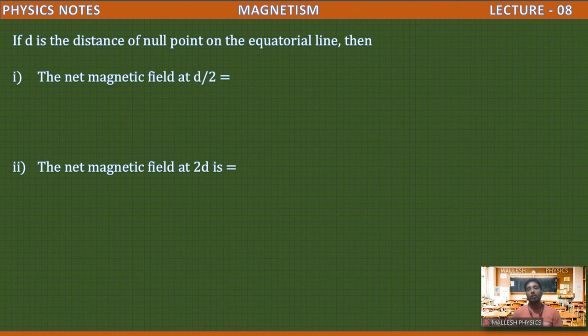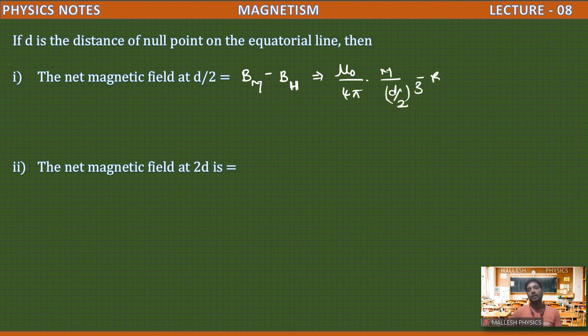If d is the distance of the null point on the equatorial line, then consider the net magnetic field at d by 2. At a distance d, both the fields become equal. Here the net field at d by 2 can be calculated by taking the field due to the magnet minus the Earth's horizontal component, so Bm minus BH. I'll write the formula mu naught by 4 pi into M by d cube, where d is d by 2, so d by 2 whole cube, minus BH.